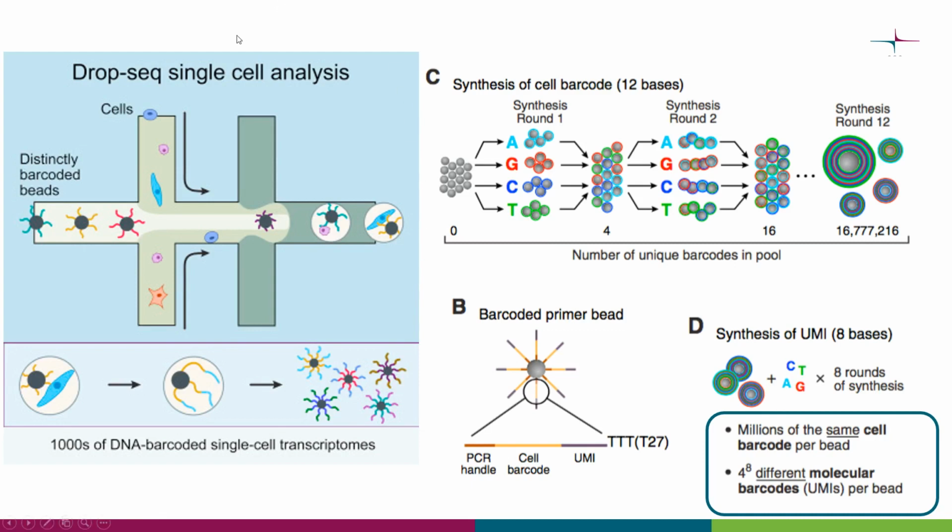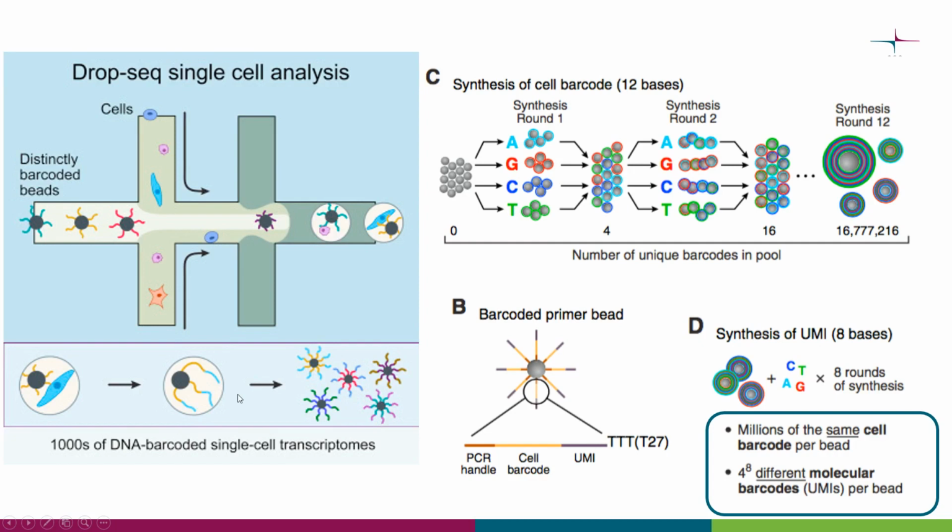We are not going to go into details of what happens in the lab, but this is just a very schematic overview. This image is actually from Drop-seq, from McCarroll's lab. Here you can see that the idea is that we try to capture one cell with one barcoded bead in a droplet. Then in this droplet, we lyse the cell, do various reactions, and ultimately we have the messenger RNAs bound to the beads.